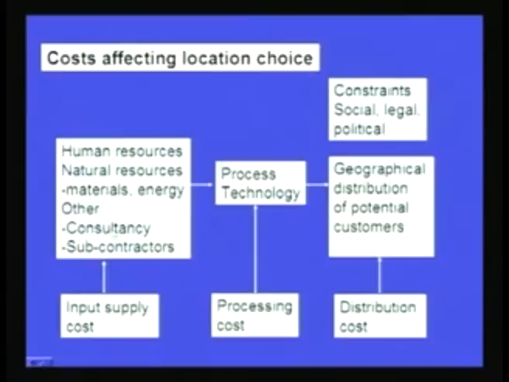Then there may be other input parameters such as consultancy, that is, the expertise available in a particular field, and then the subcontractors. It may happen that our process is dependent upon a number of other small scale industries, so we have to subcontract some of our work to these people so that they are helpful to us in making our final product.